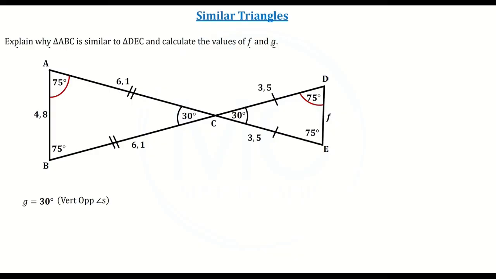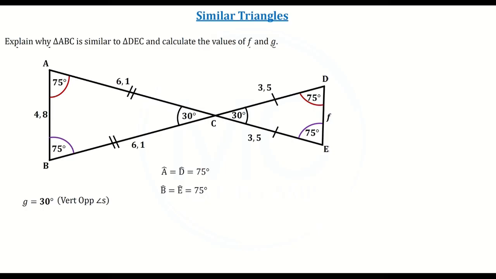Both angle A and angle D are 75 degrees, so we can make a note of this over here. B is the second letter in ABC, and E is the second letter in triangle DEC. So these are also corresponding angles. So let's mark these angles in purple. And we can make a note that angle B is equal to angle E.